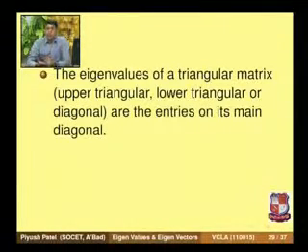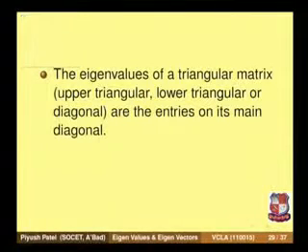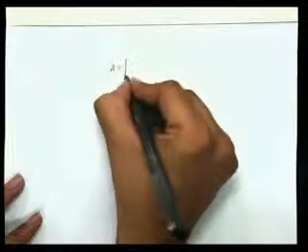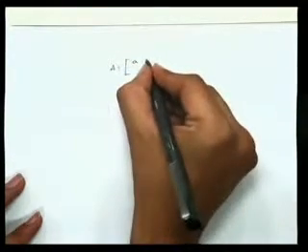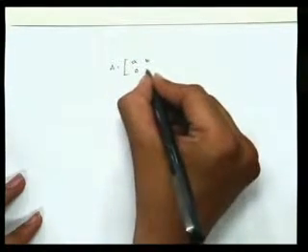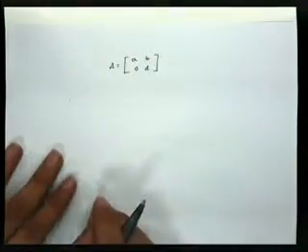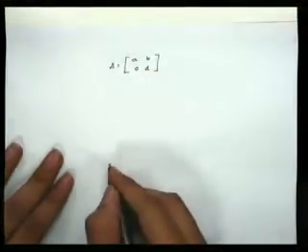You can see this property easily in the 2 by 2 case. If I take a 2 by 2 matrix, say A is equal to A, B, 0 and D. See here, this is an upper triangular matrix.